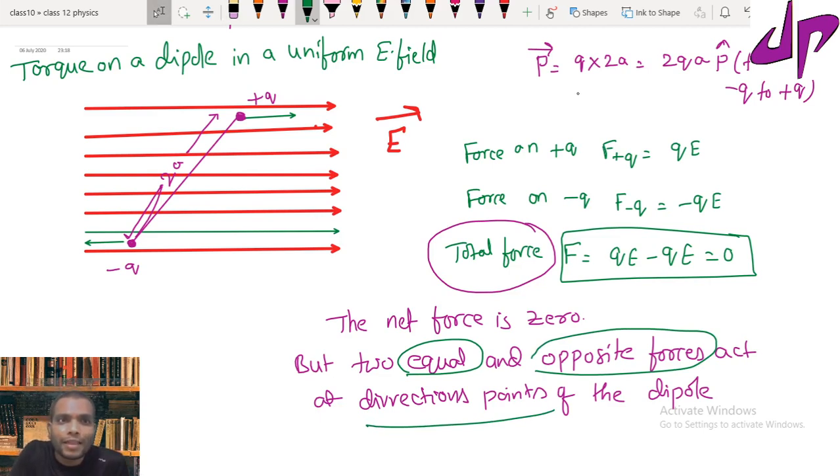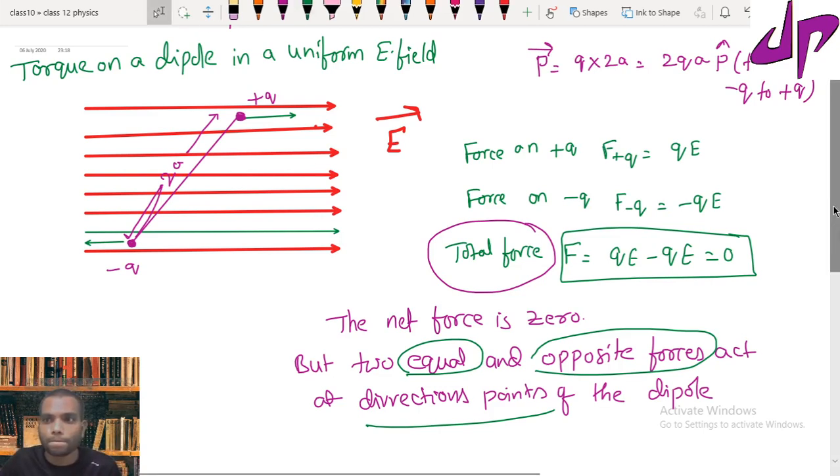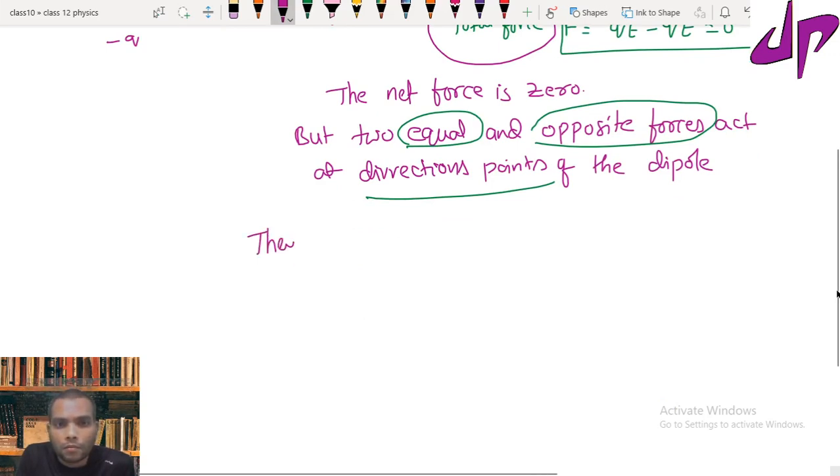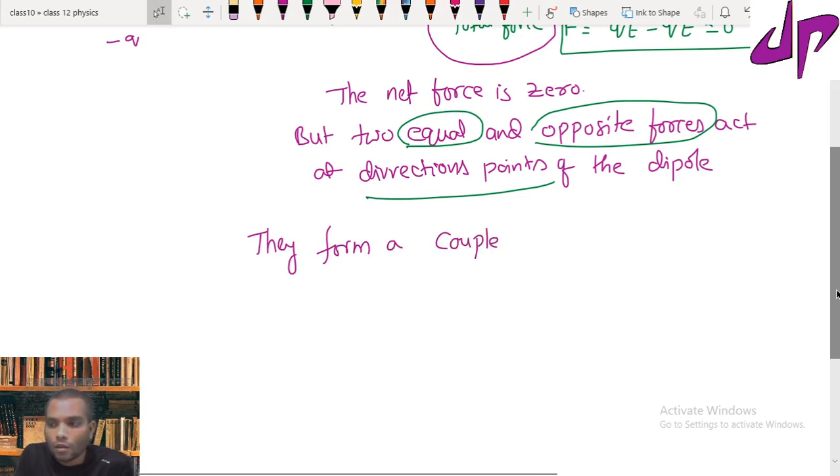Because of that, a couple forms. Because of these situations, I can say they form a couple, which exerts a force.